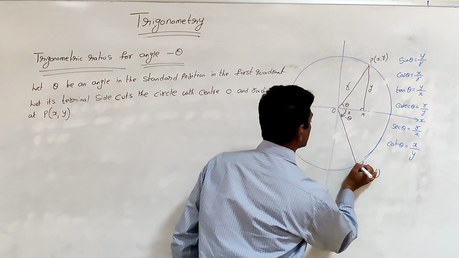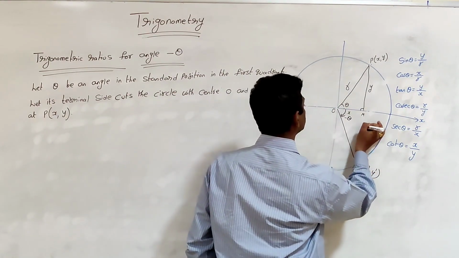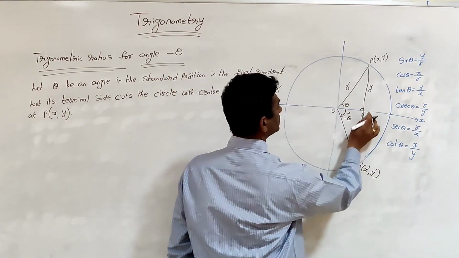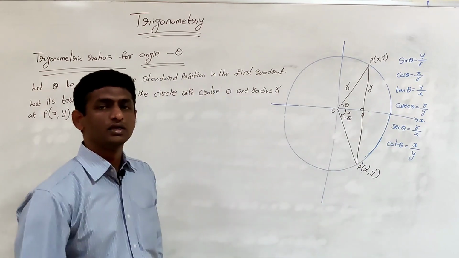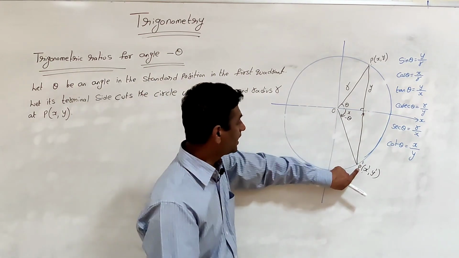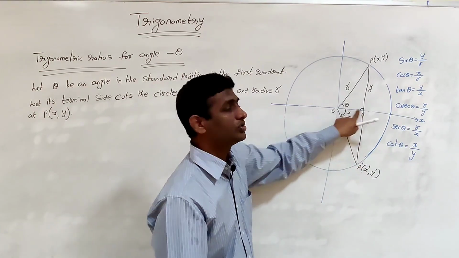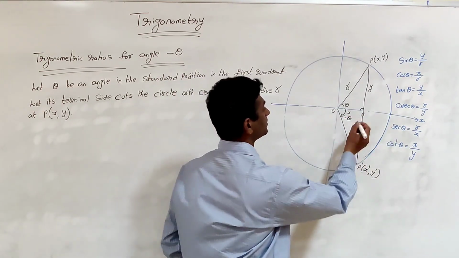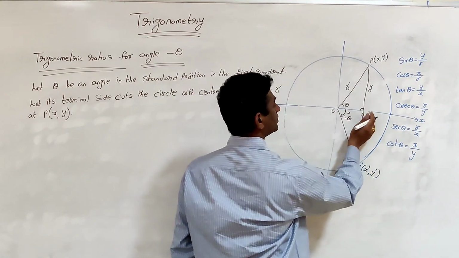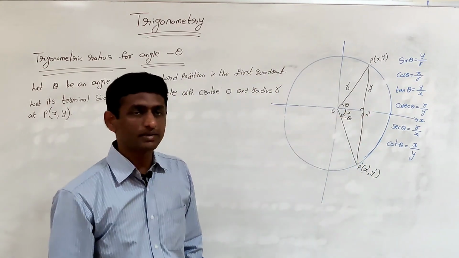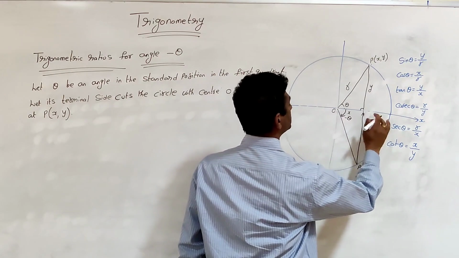If we draw a perpendicular line onto the x-axis, if you draw a projection from P dash onto the same x-axis, then M dash and M are both the same.